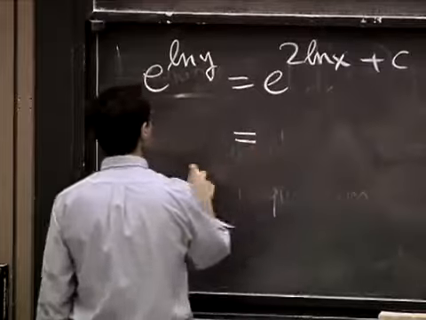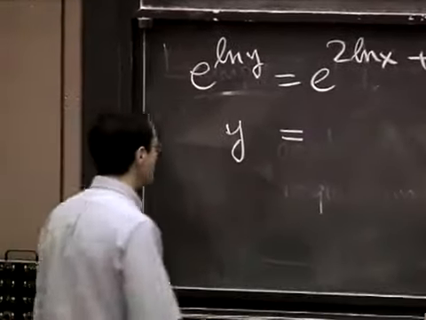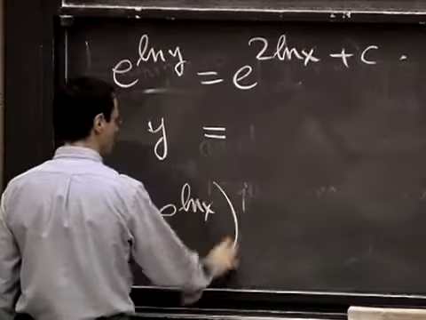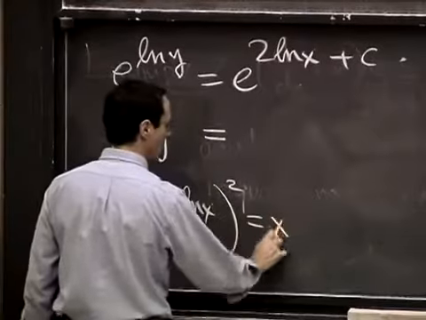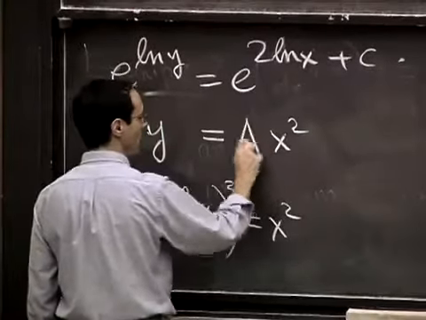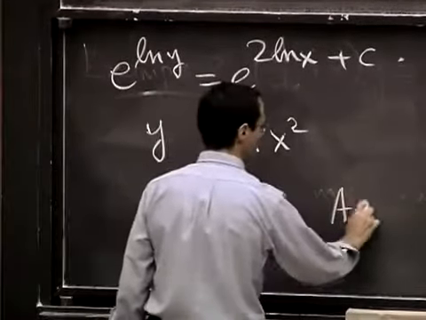So again, this is y on the left-hand side. And on the right-hand side, if you think about it for a second, it's e to the log x, squared, which is x squared. So this is x squared, and then there's an e to the c. So that's another one of these A factors here. All right? A is equal to e to the c.